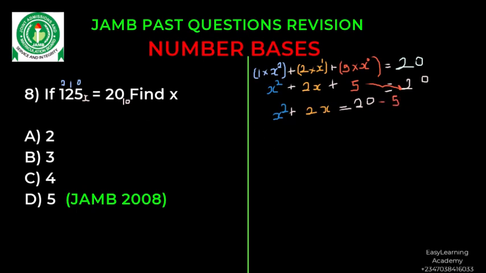Okay, so if we still continue, that's x squared plus 2x, and then bring down our equality sign, and then 20 minus 5, we are going to have it as 15.